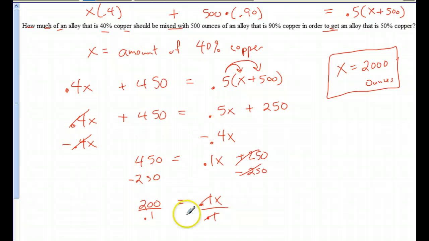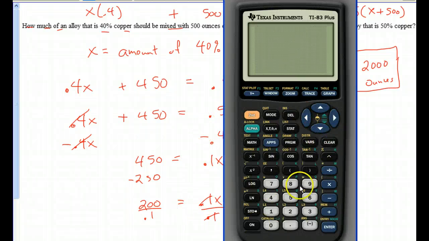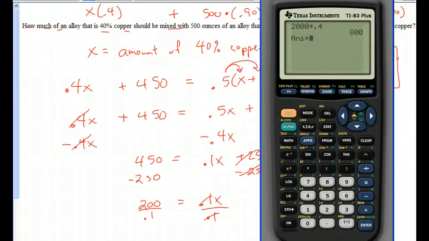That's one way to know, but the way you actually check it is you take the amount you got for your answer times 0.4, add to that the 500 times 0.9, that's what you get here, 1250, and you divide that by the total amount of ounces that we have.